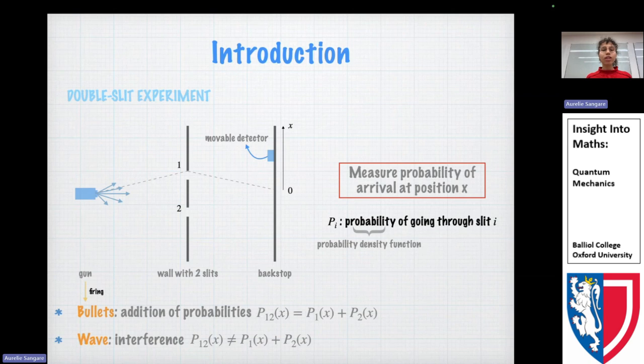And before introducing you to the postulates of quantum mechanics, I'm going to introduce you to this double slit experiment, which was initially at least a thought experiment. And this, I think, will give you a good intuition of the main ideas in quantum mechanics, which then will make it easier for me to introduce the postulates of quantum mechanics.